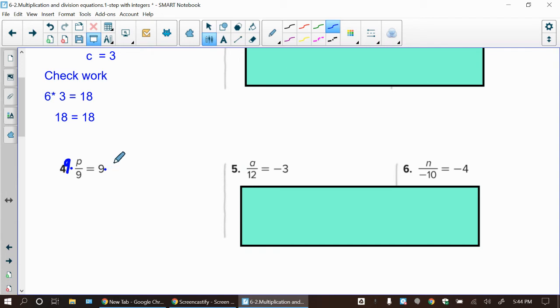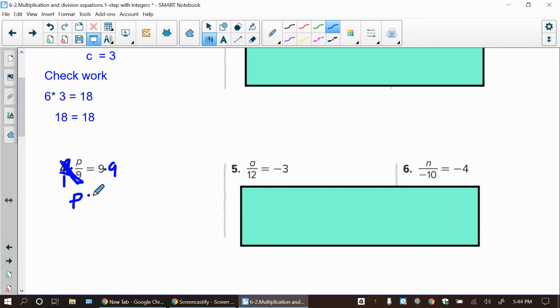Remember, whatever you're multiplying both sides by, for one side, you have to multiply the other side. I want to get p by itself, so that's why I chose to multiply by 9. And remember, a reciprocal is taking what you're given and flipping it over. So that's how I know 9 divided by 9 makes 1. And 1 times p is just p.